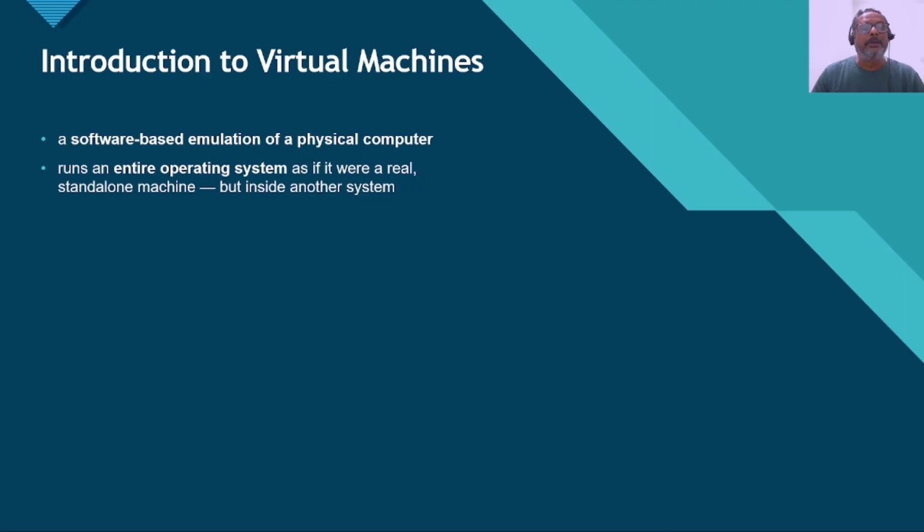The user thinks that the operating system on which the user is working is directly interacting with the machine, but in turn it may not be directly interacting with the machine. In between there may be another operating system which is guiding this operating system to interact with the machine. So the whole thing is virtually one machine available for each user.